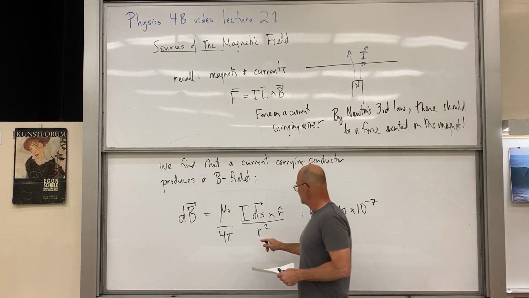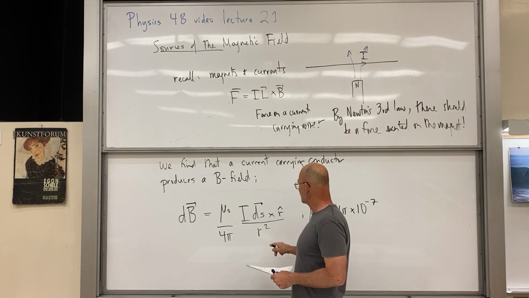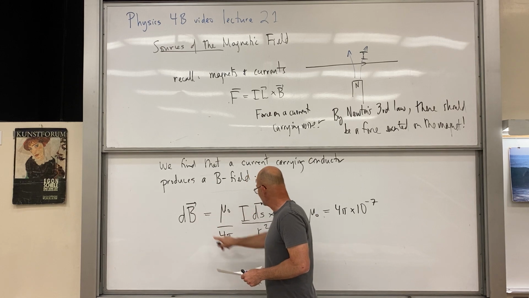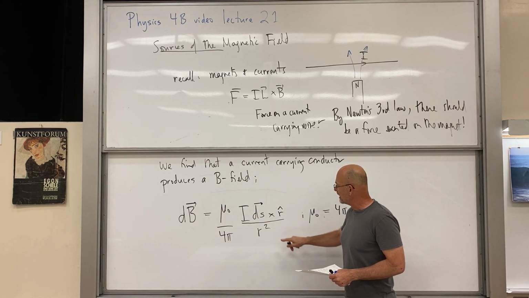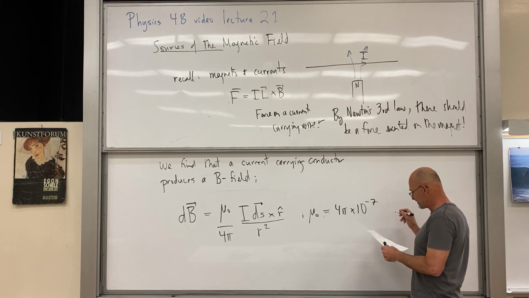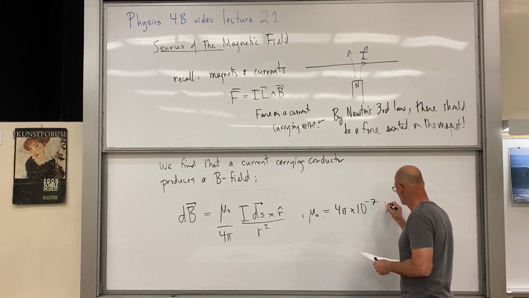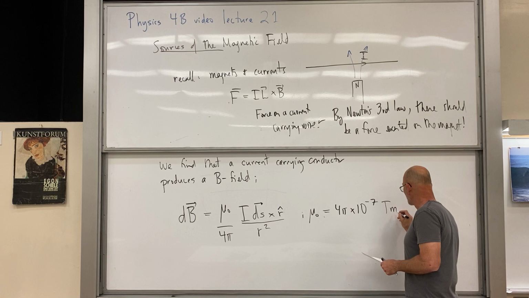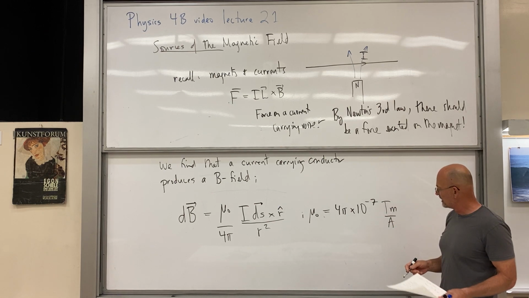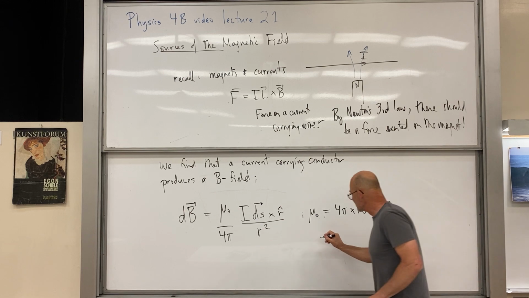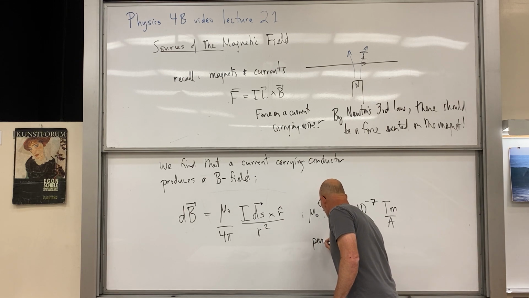And if you look at the units here, there's going to be Teslas here, amperes here. So we have Tesla meter per ampere. Okay, Tesla meters per ampere. This is called the permeability of free space.